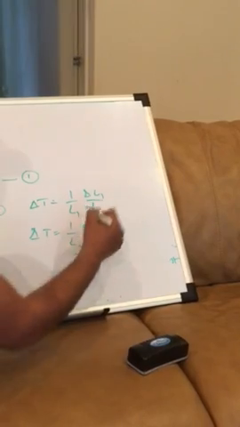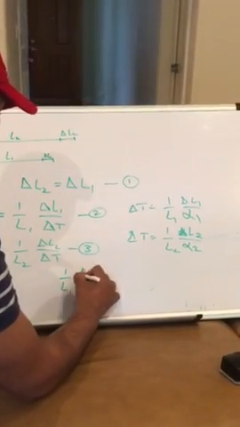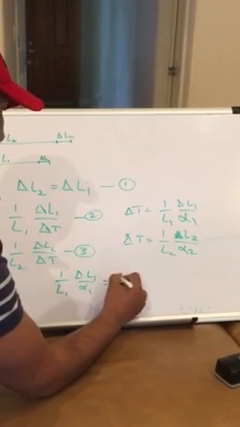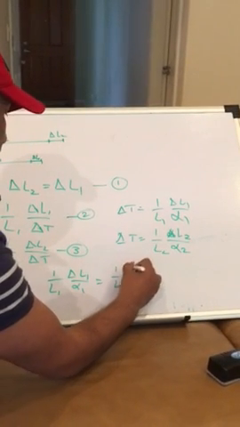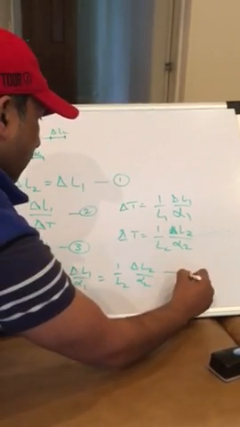So these are the same, so we can equate these two. When we equate that, it becomes 1 by L1 times delta L1 over alpha 1 equal to 1 by L2 times delta L2 over alpha 2, right? This is our equation number 4.